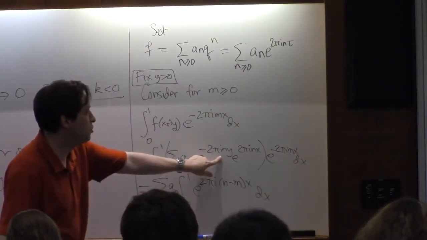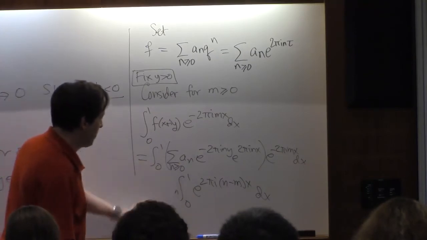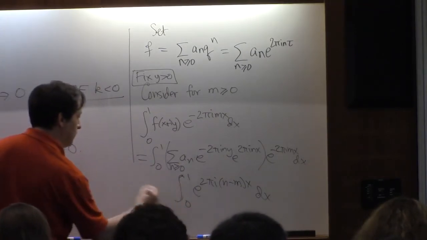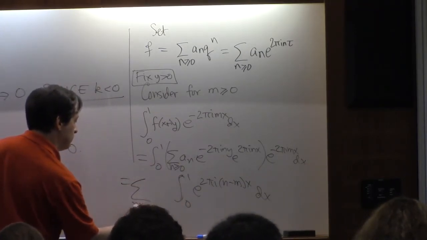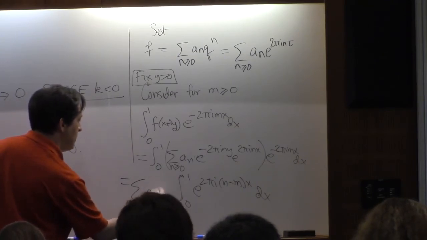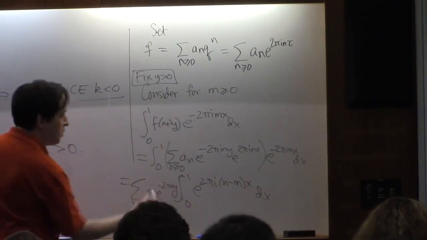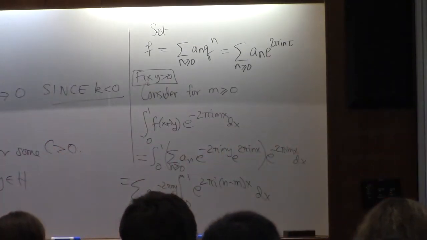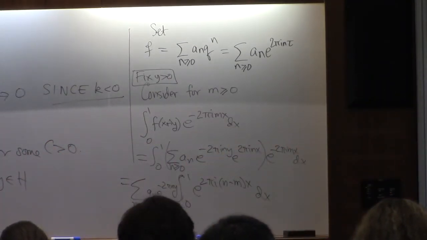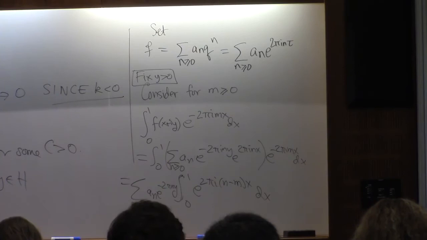But this thing has nothing to do with the x. So when I pulled out the integral, I get a_n e to the minus 2 pi n y times the integral, and everything dies except for the term where n is equal to m, and so that's what we get when n is equal to m.